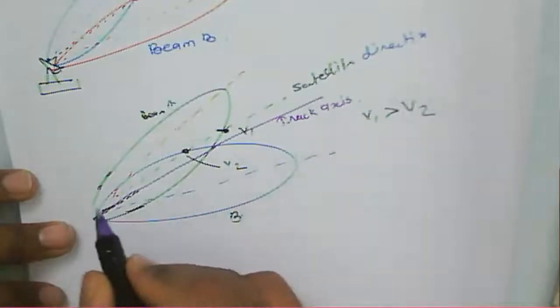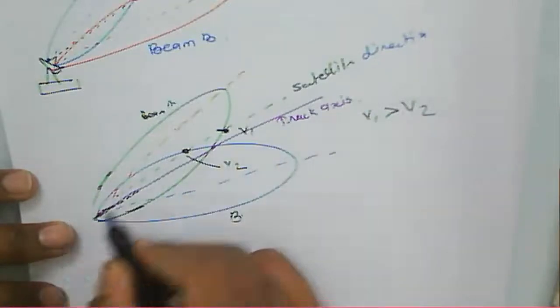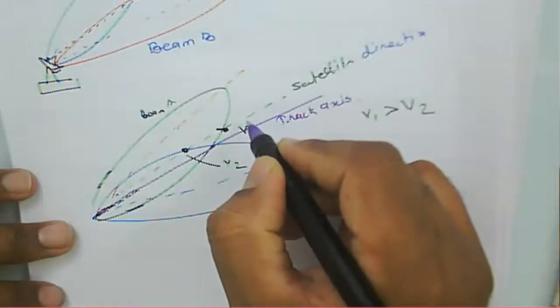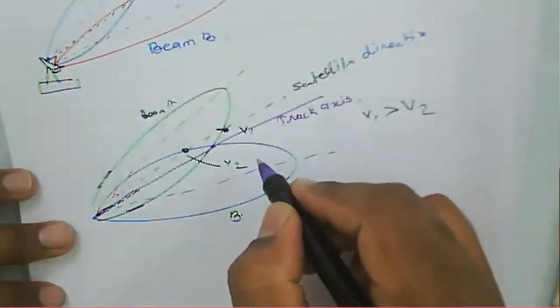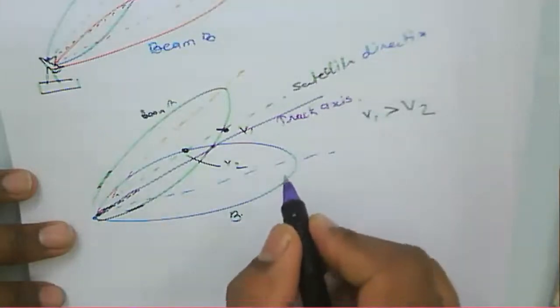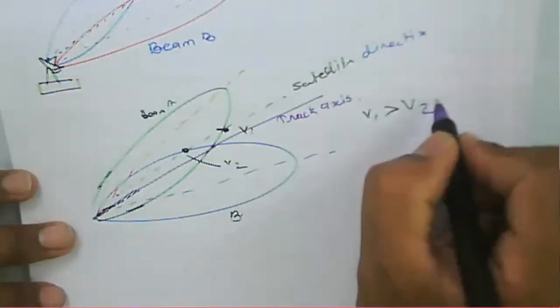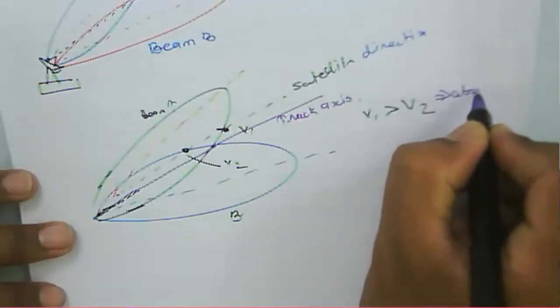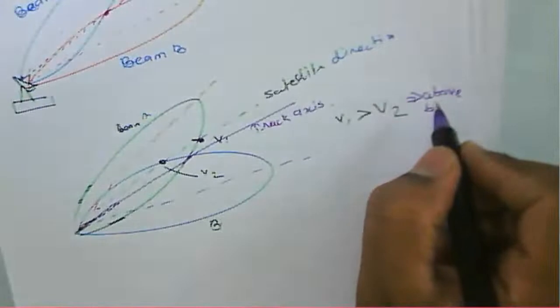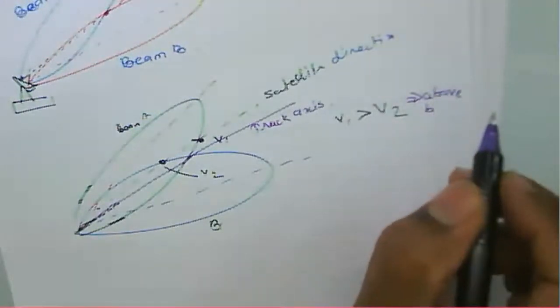Now another case, if the satellite direction is below the boresight, then what will happen? Then V1 will be smaller. You can say that above boresight. Okay, likewise, we can say that V1 is equal to V2.